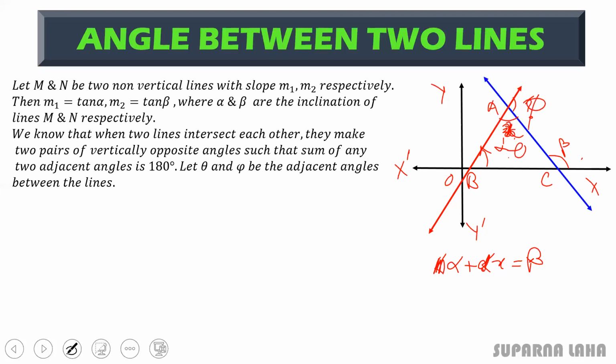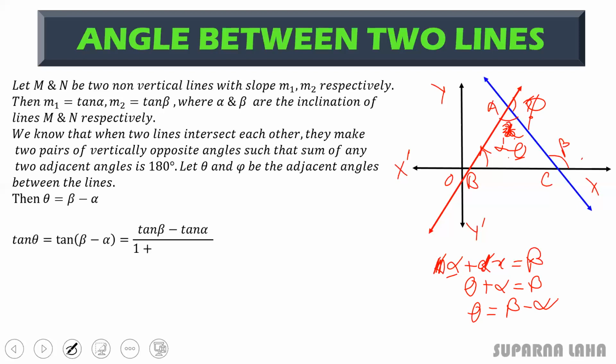So we can write theta plus alpha is equal to beta, or theta is equal to beta minus alpha. So from here you can easily find the value of tan theta, that is tan of beta minus alpha. And if you put the tan of beta minus alpha formula, this is tan beta minus tan alpha by 1 plus tan alpha tan beta. So now put the values of tan alpha and tan beta, that is m2 minus m1 by 1 plus m1 m2.